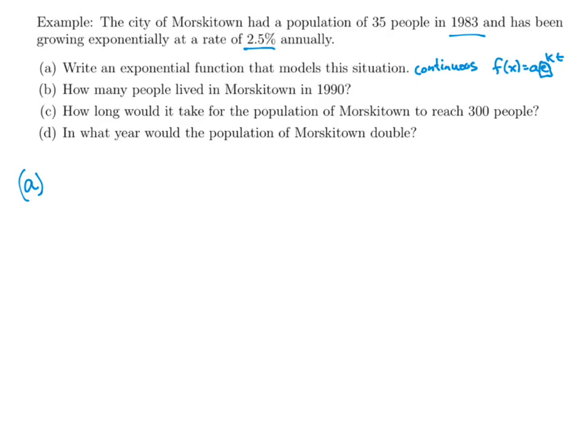Instead of f of x, I'm going to use m of t, m for Morsky, and then the input is going to be t for time. So m of t is equal to a. The a value is the initial value, so we initially had 35 people in my favorite town, and then exponential constant e, and then the growth rate is 2.5%, so it's 0.025t. So that's going to be our function.